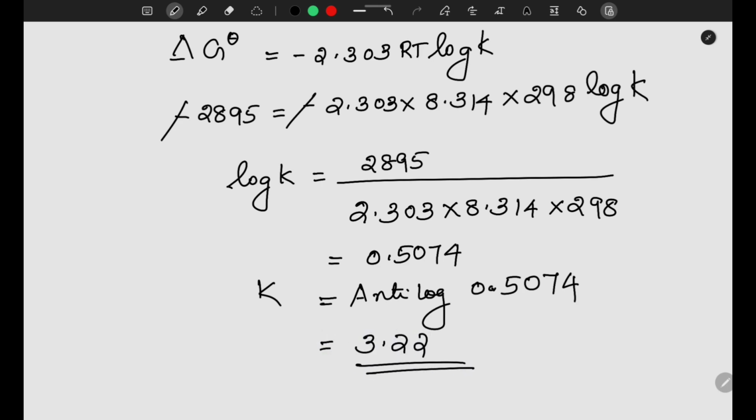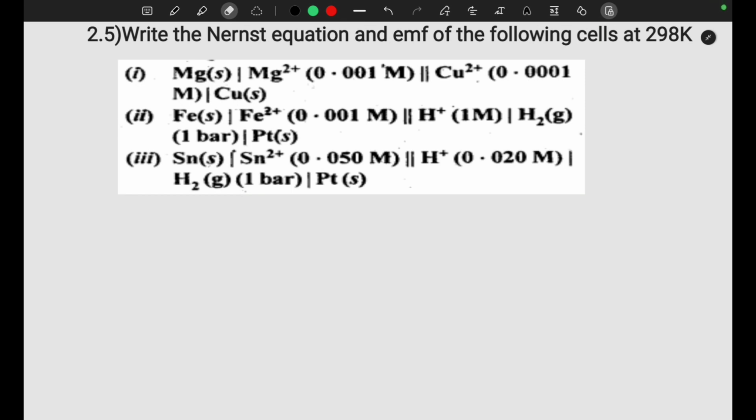The Nernst equation and EMF of the following cell: Mg/Mg2+ // Cu2+/Cu. Here magnesium is undergoing oxidation. So we can write the oxidation half equation. Mg gives Mg2+ plus 2 electrons. That's the oxidation half reaction.